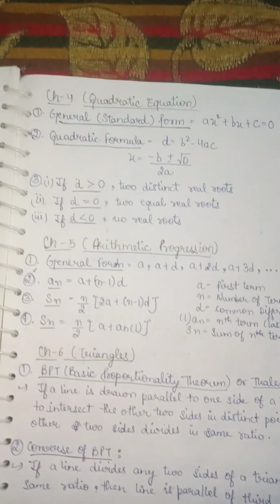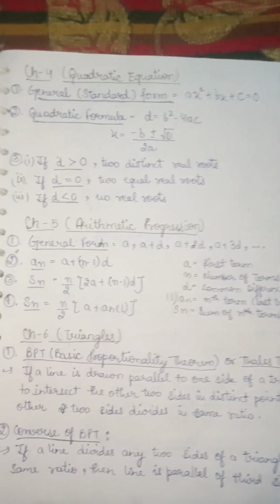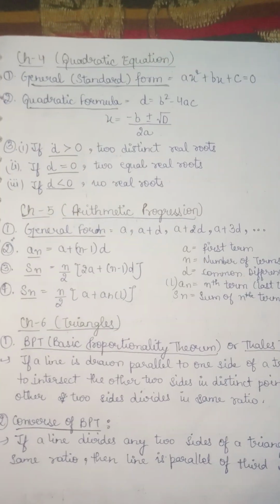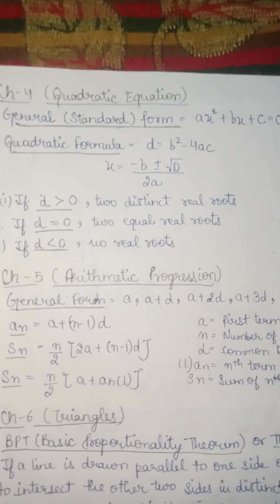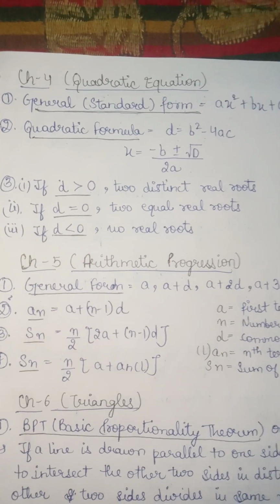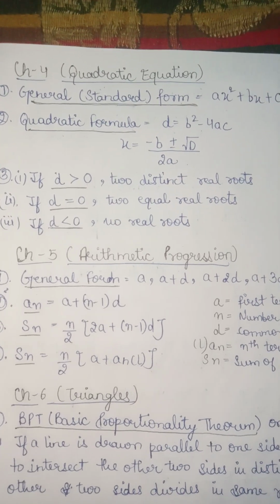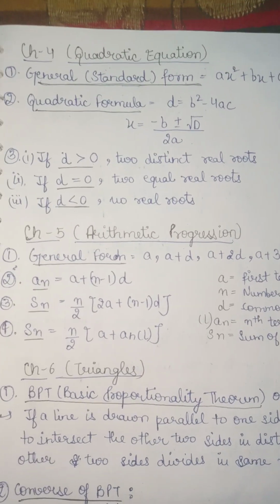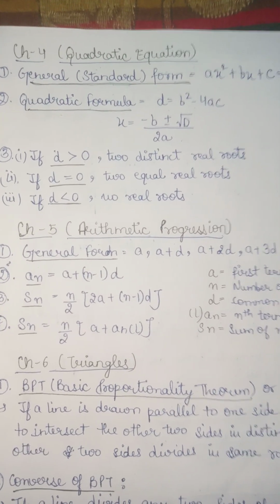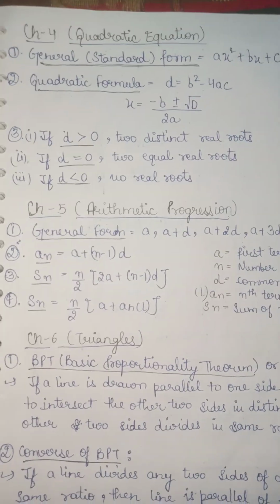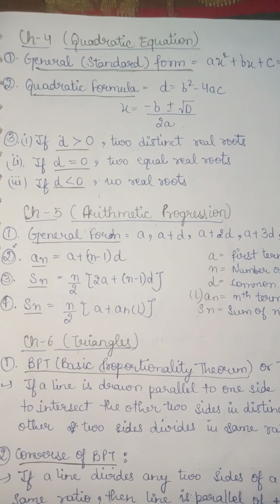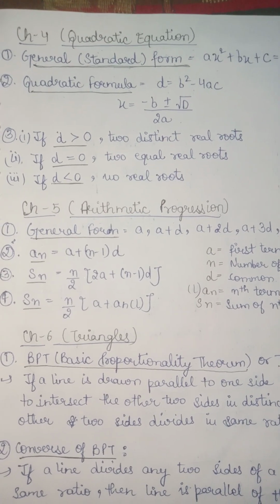Now come to chapter 4, Quadratic Equations. We know about the standard form of a quadratic equation, that is ax square plus bx plus c is equal to 0. And second, the quadratic formula, which is very important. D is equal to b square minus 4ac. First we have to find the discriminant, that is D, and now the quadratic formula is x equals minus b plus minus root D upon 2a.